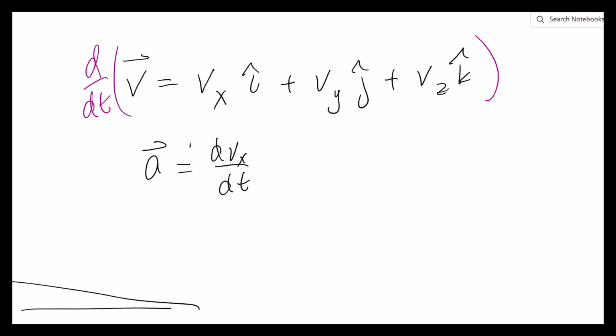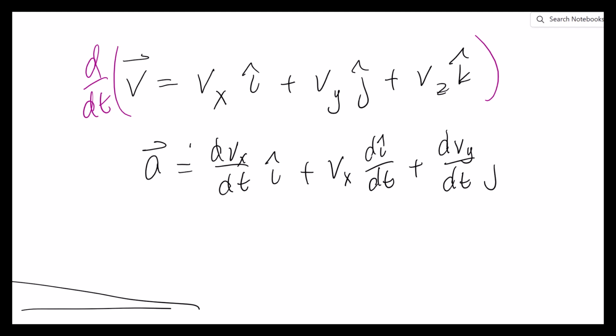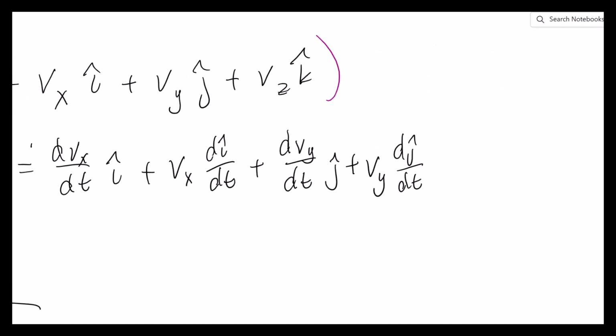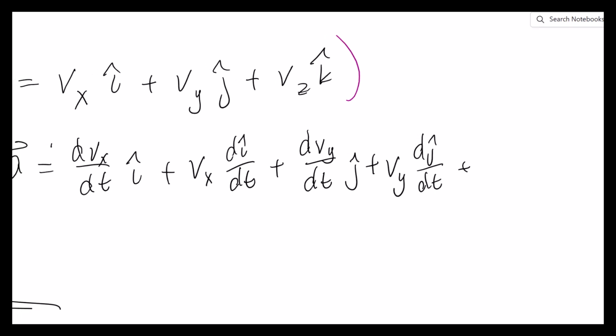Now in theory, dvx/dt i hat plus vx di hat/dt, and then I'm just going to write the whole thing out for you. dvy/dt j hat plus vy dj hat/dt, plus dvz/dt k hat plus dk hat/dt times vz, right there.